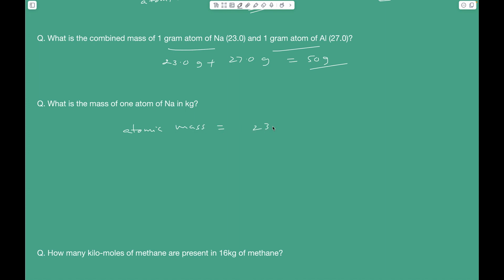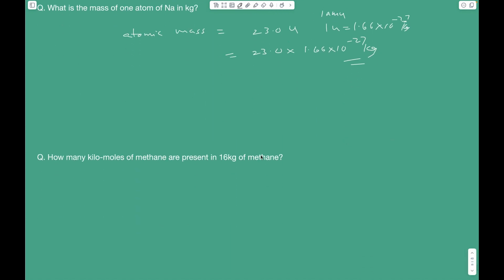Approximately 23.0 U, right? So it would be 23.0 times, you know, 1 U is equal to 1.66 times 10 to the power of minus 27 kilograms, or sometimes referred to as 1 AMU. So it is 1.66 times 10 to the power of minus 27 kilograms. That's the answer. You simplify it.